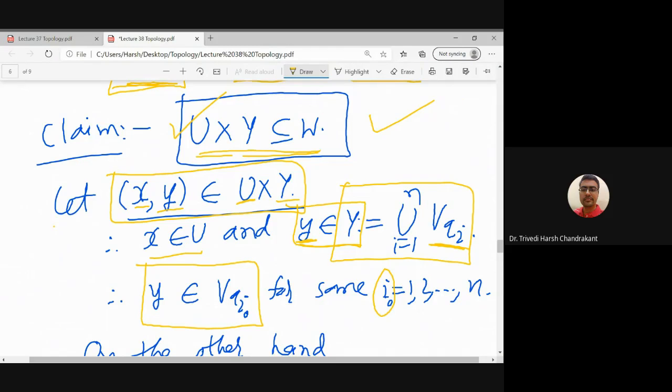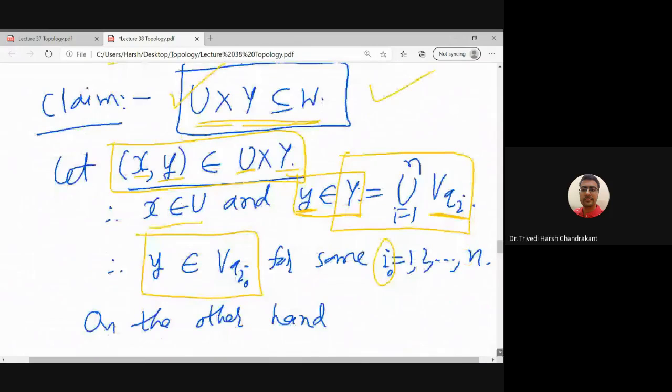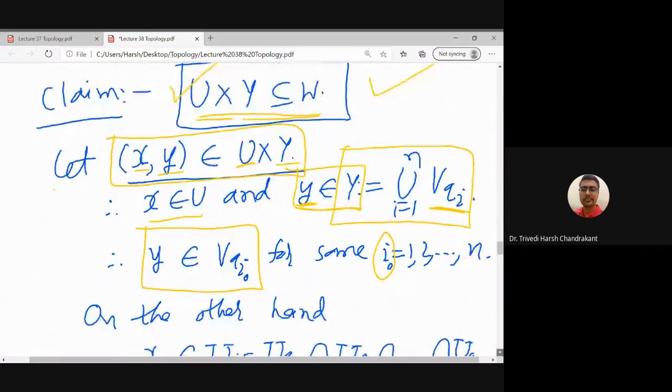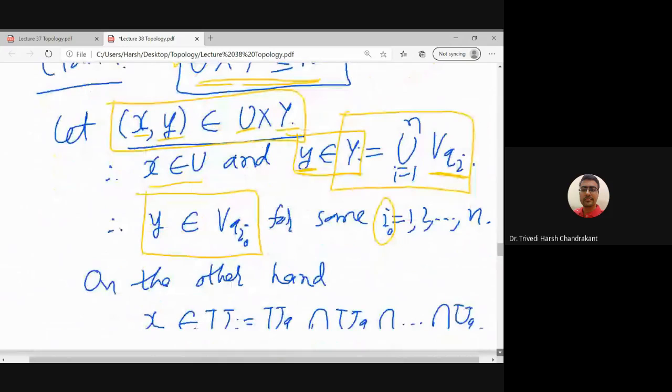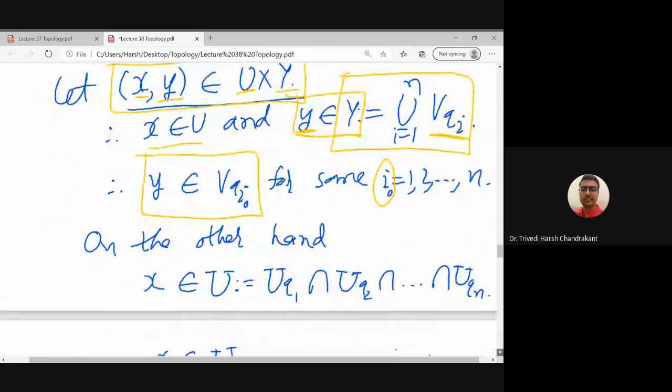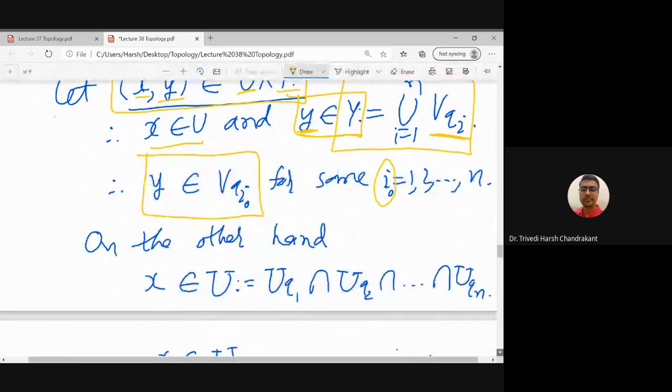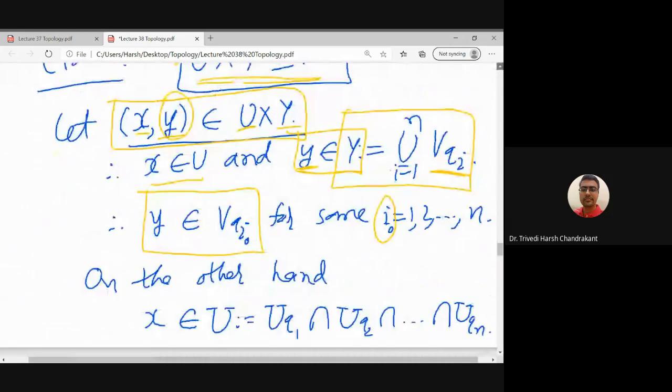Right? So we got y belongs to VQ where Q is Q_i0, and we know that corresponding to each VQ there is a UQ. So that particular UQ we can choose. So this particular y belongs to VQ_i0.